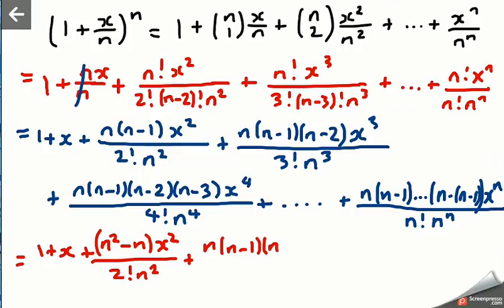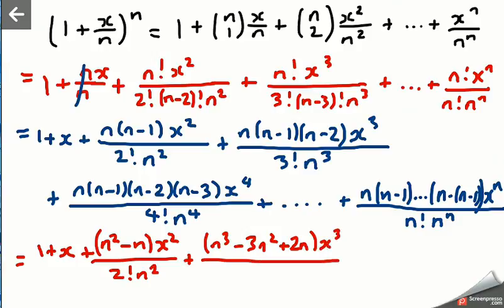Oh, right, we're expanding it out. Plus, what does that expand out to? n cubed, I did this earlier, n cubed minus 3n squared plus 2n, x cubed divided by 3 factorial n to the power of 3. Plus, and so on.